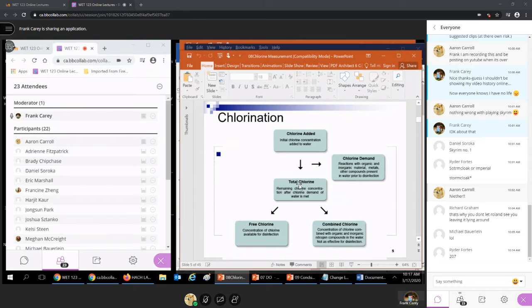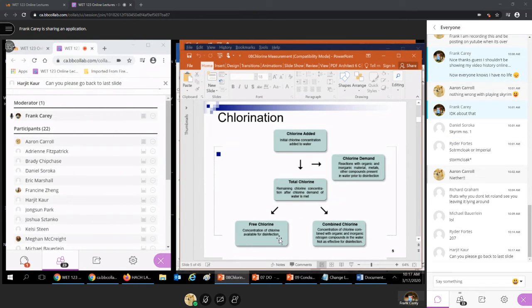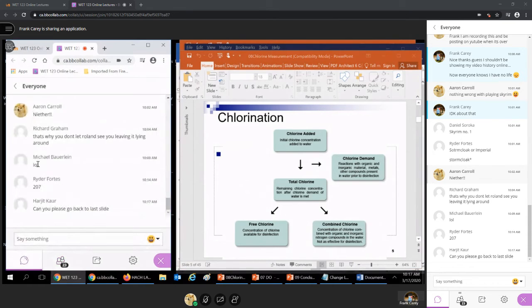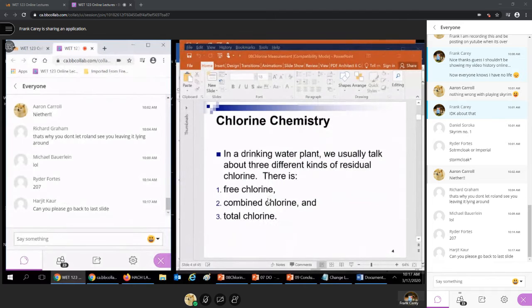Whatever is not combined is still free chlorine, Cl2. The combined chlorine is still able to disinfect, but not as well. That's right.